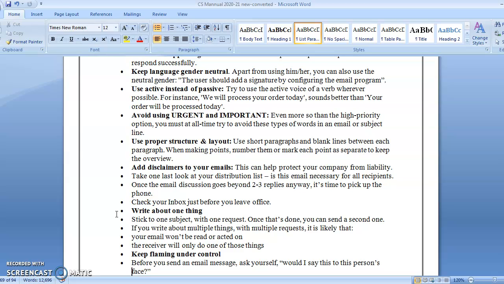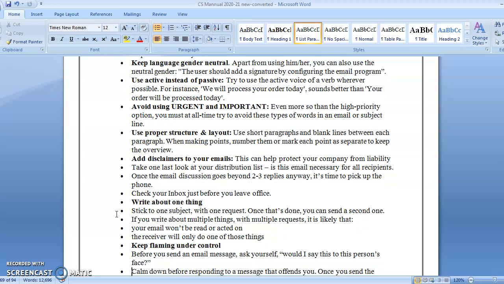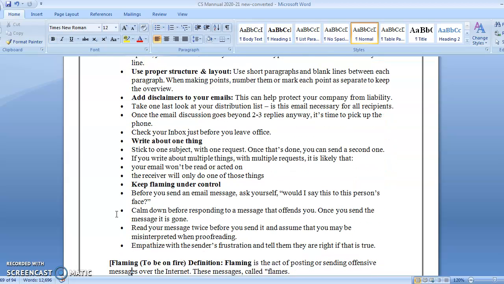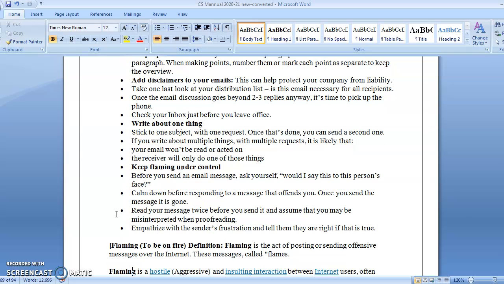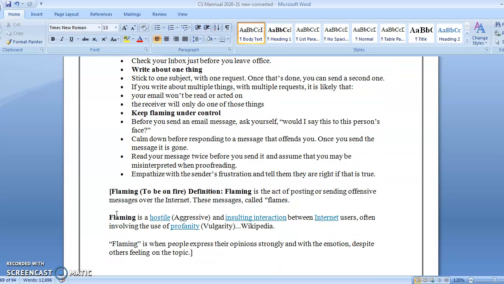Don't write too much in your message. Give proper information related to your subject. Keep flaming under control. Flaming is the act of posting or sending offensive messages over the internet.